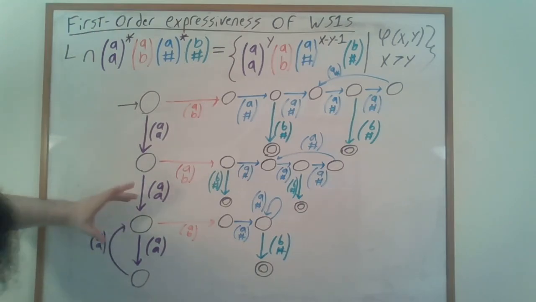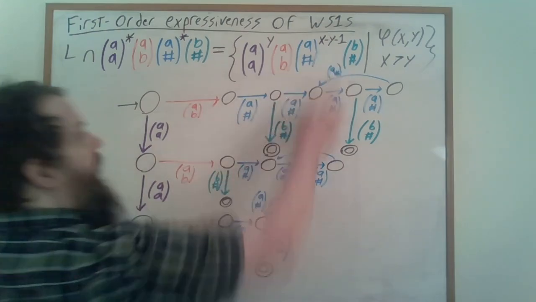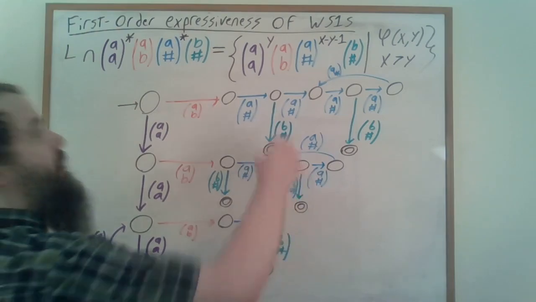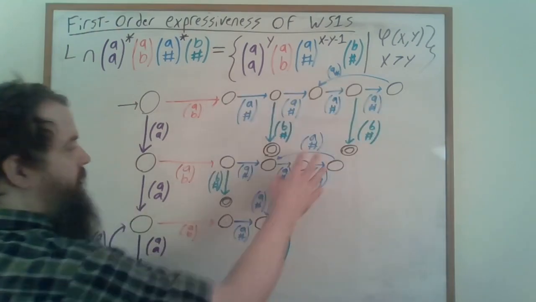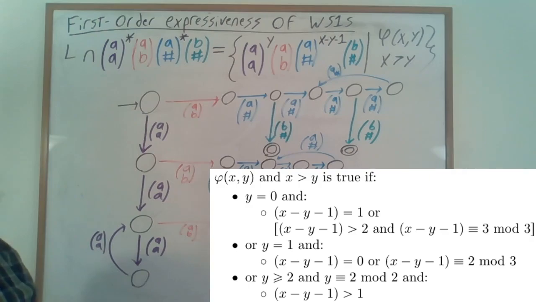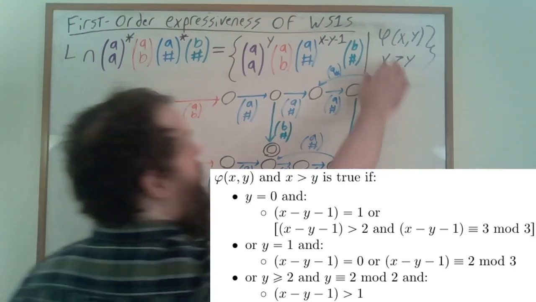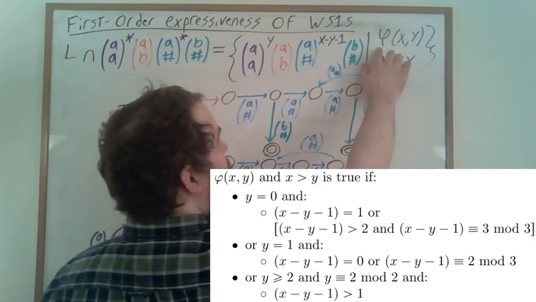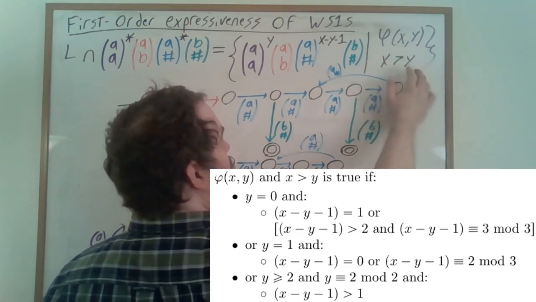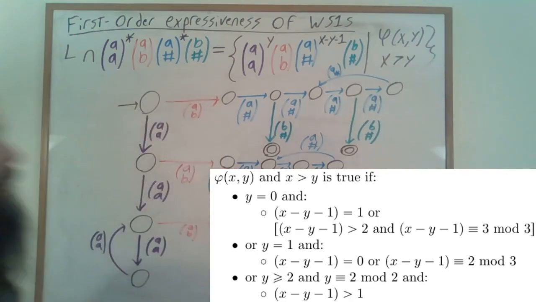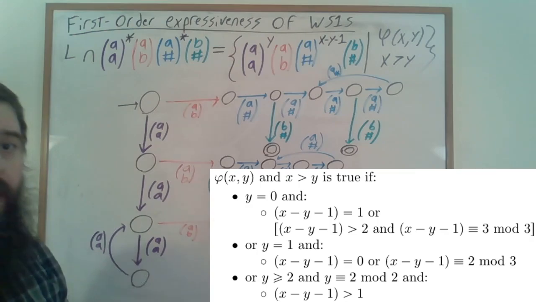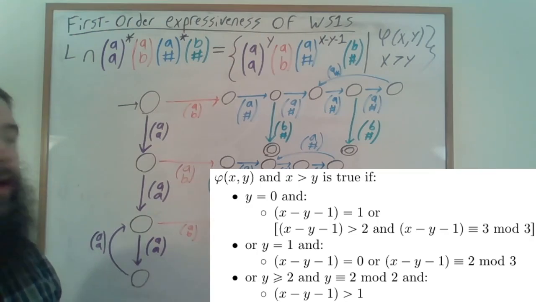And then depending on the piece, x minus y minus 1 has to fall into some eventually periodic set. So that tells us that the set of all pairs xy such that phi of xy and x is greater than y has to have that form. Again, piecewise on y, where the pieces are eventually periodic sets.